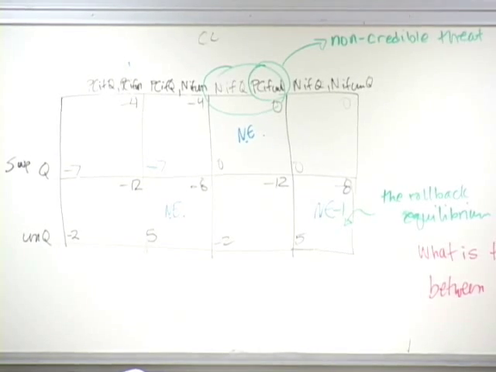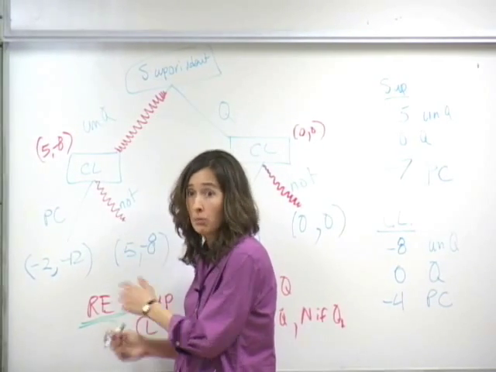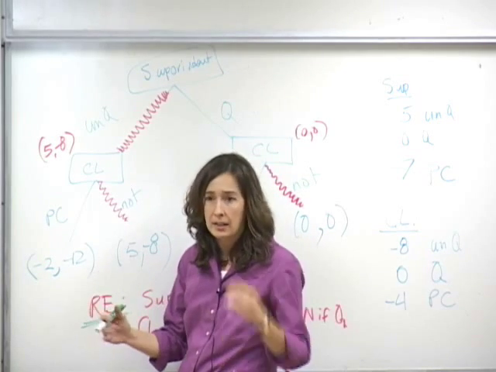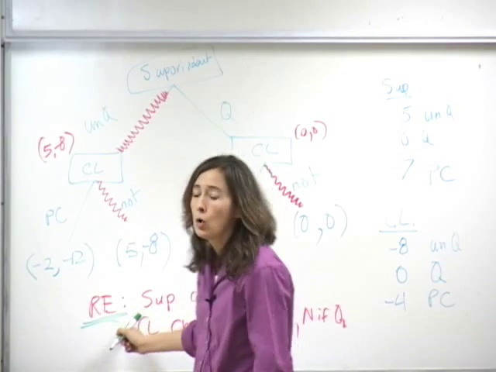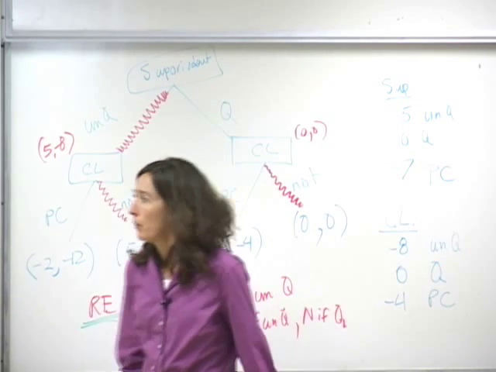So rollback, the reason why we used rollback in the sequential games, and the reason why in all sequential games you use rollback instead of the broad idea of Nash equilibria, is that rollback does not rely on non-credible threats. Okay? I'll write that over here.